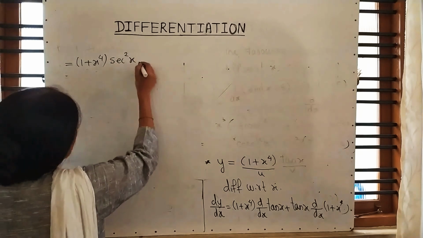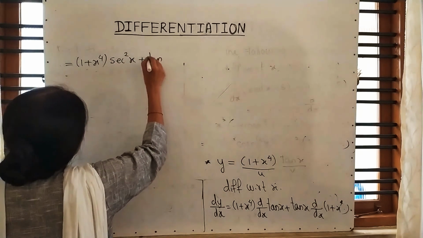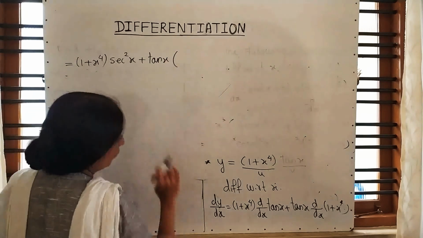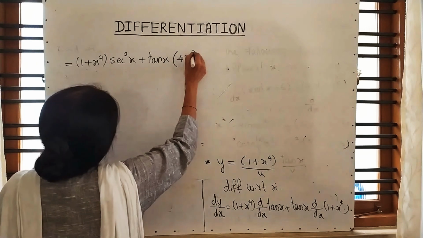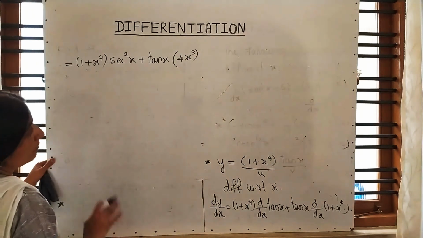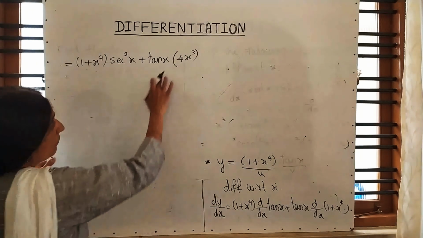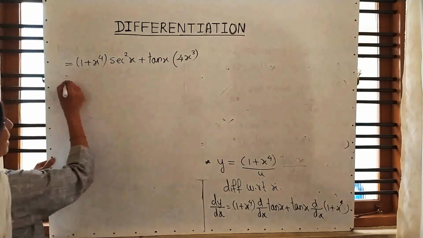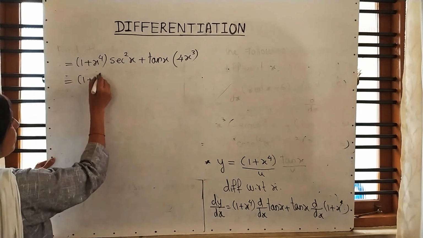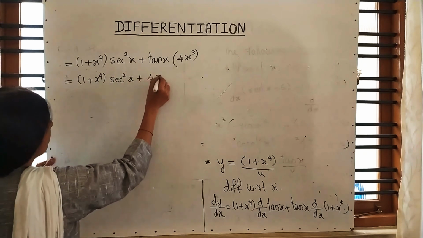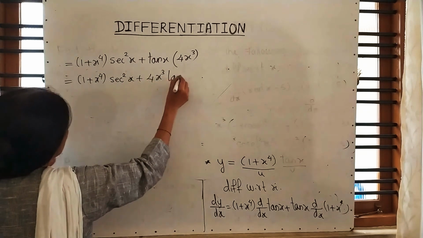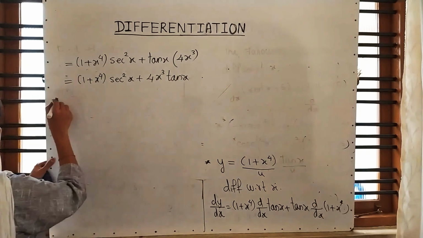Secant square x plus tan x as it is. In the bracket I wrote 1 is 0, x to the power 4 is 4x cube. So I'm not keeping as it is because the students will get confused and mix these two. No, write it like this. Next question.